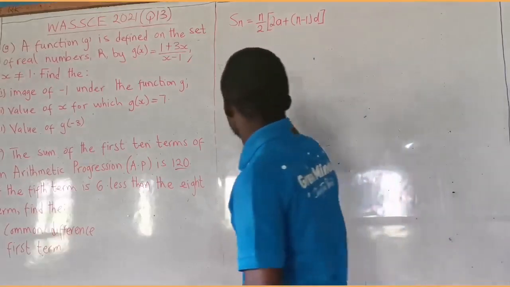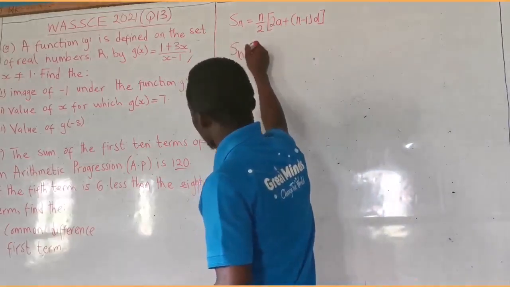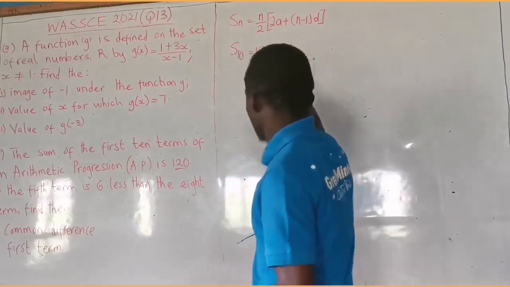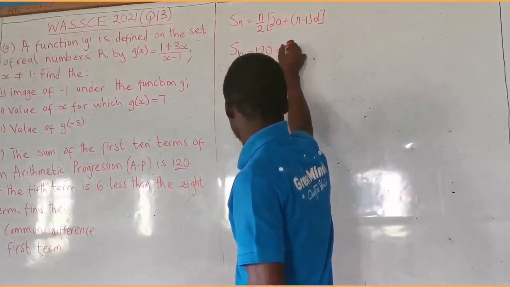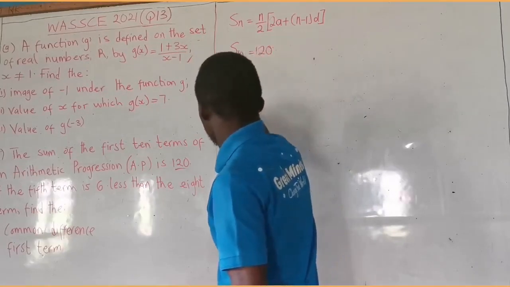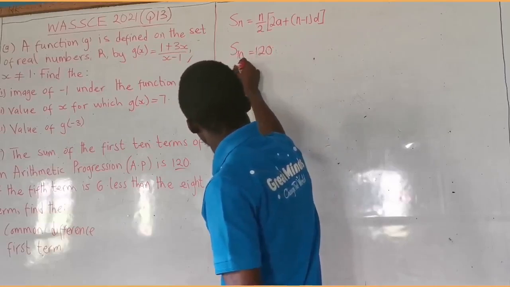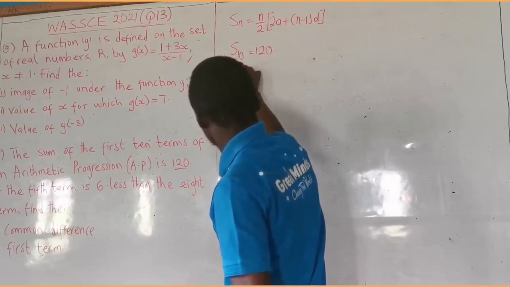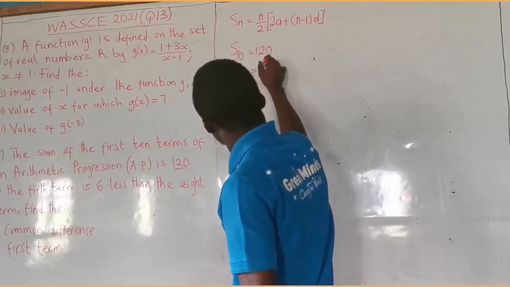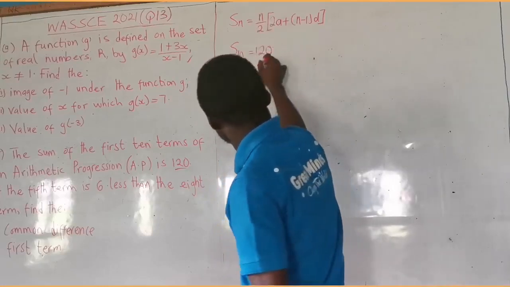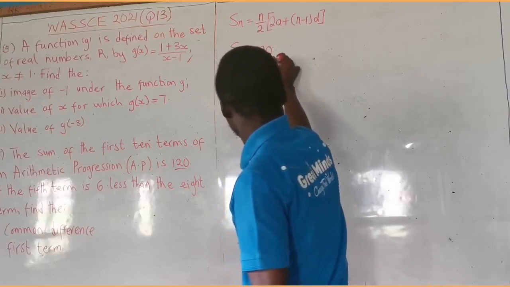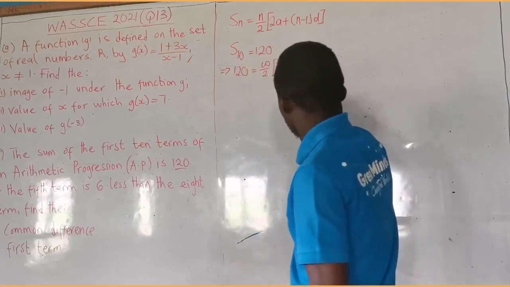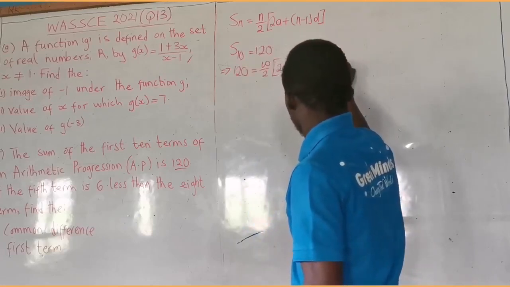Alright. So they are saying that the sum of the first 10 terms is equal to 120. So this implies that I can say S10 is 120. So I can say here 120 is equal to, I know the number of terms is 10, so it becomes 10 over 2, and I have here 2a plus, I know that n is 10, so I put the 10 here, minus 1 multiplied by d, bracket close.